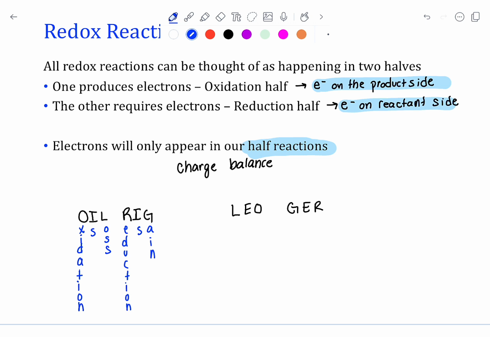If you do LEO the lion goes GER, that's lose electrons, oxidation, and gain electrons, reduction. So, just ways to remind yourself where the electrons are going, if they're being lost or gained, and where you would expect to see them in your chemical reactions.